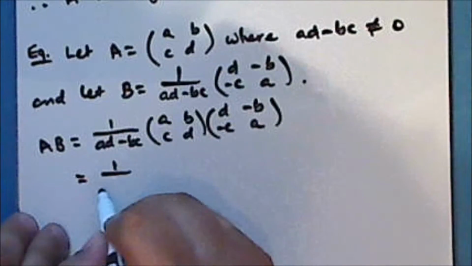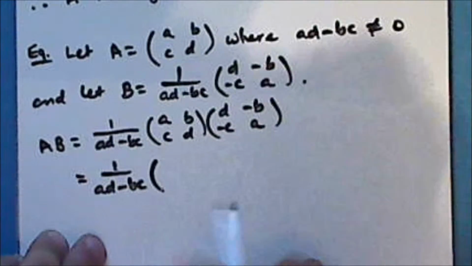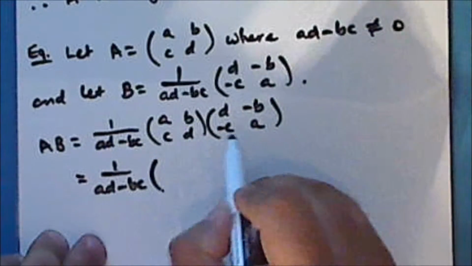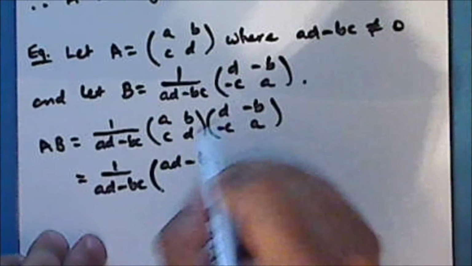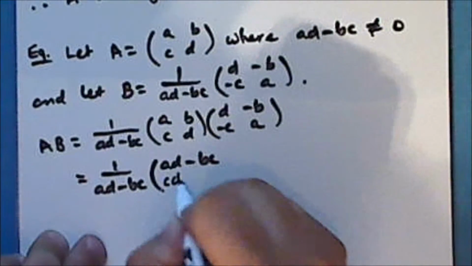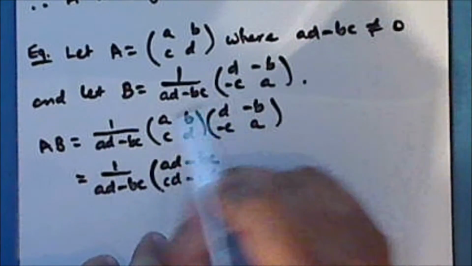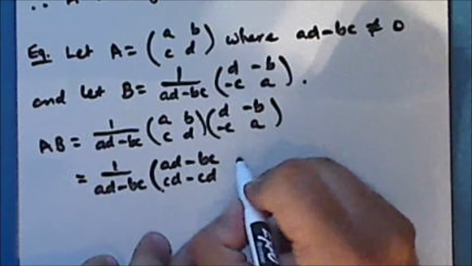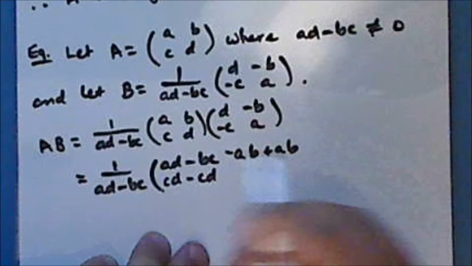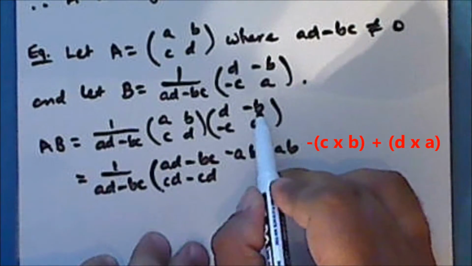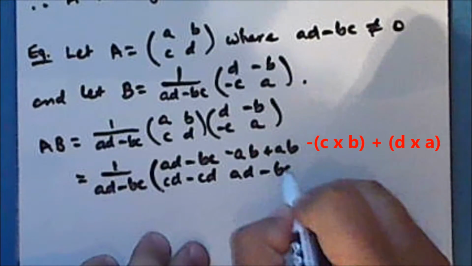And so we have 1 over a times d minus b times c, times the matrix with columns a times d minus b times c, c times d plus, minus c times d, negative a times b plus a times b, and negative c times b plus a times d, or a times d minus b times c.